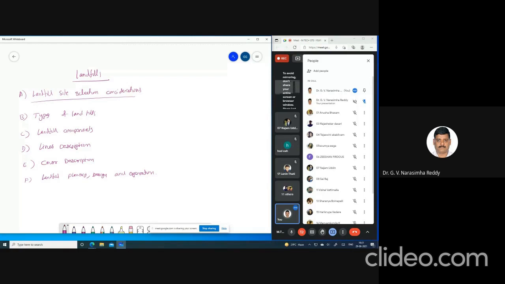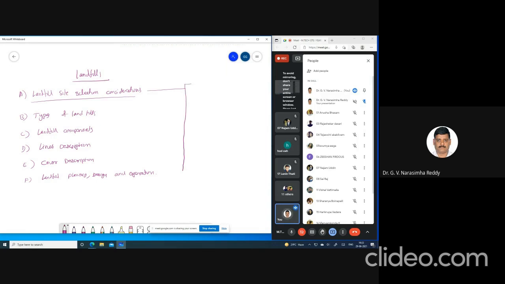Let's say for Hyderabad, or let us say for a district headquarters, what are the points we need to consider? Points to be considered for selecting the site, right?